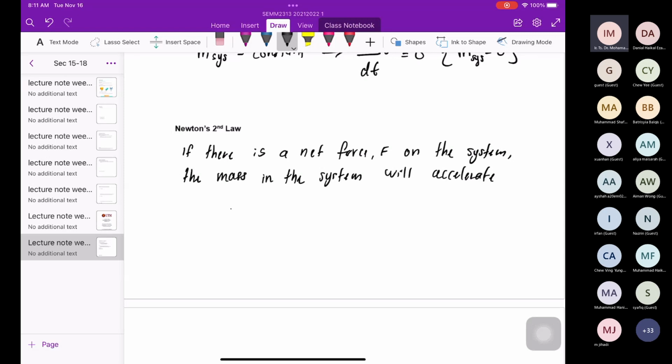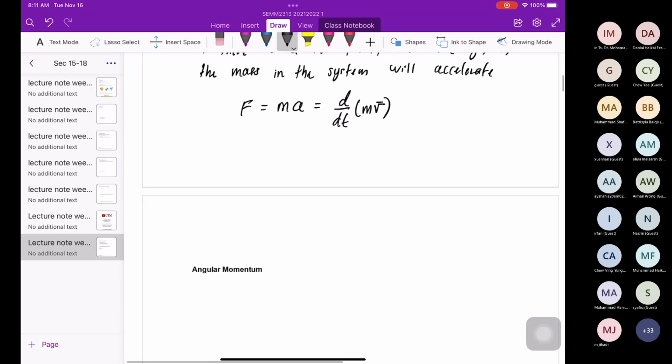That is what we call F equals ma, or F equals d over dt of mass times velocity. This is mass and velocity. Alright, the change of velocity refers to acceleration.